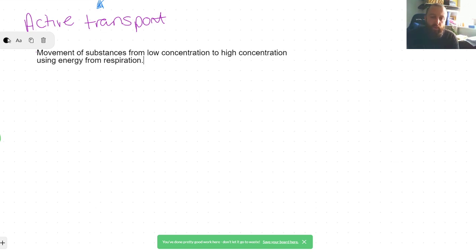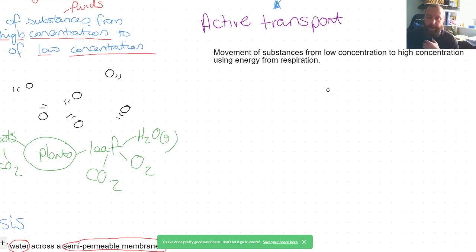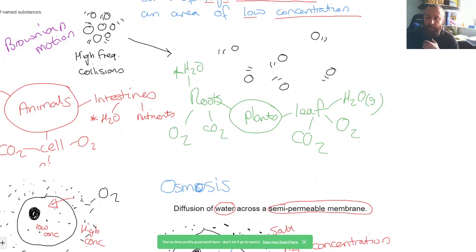So, when we look at osmosis and diffusion, just go back over. These two are both what we call a passive process. It's a bit like rolling a ball down a hill.